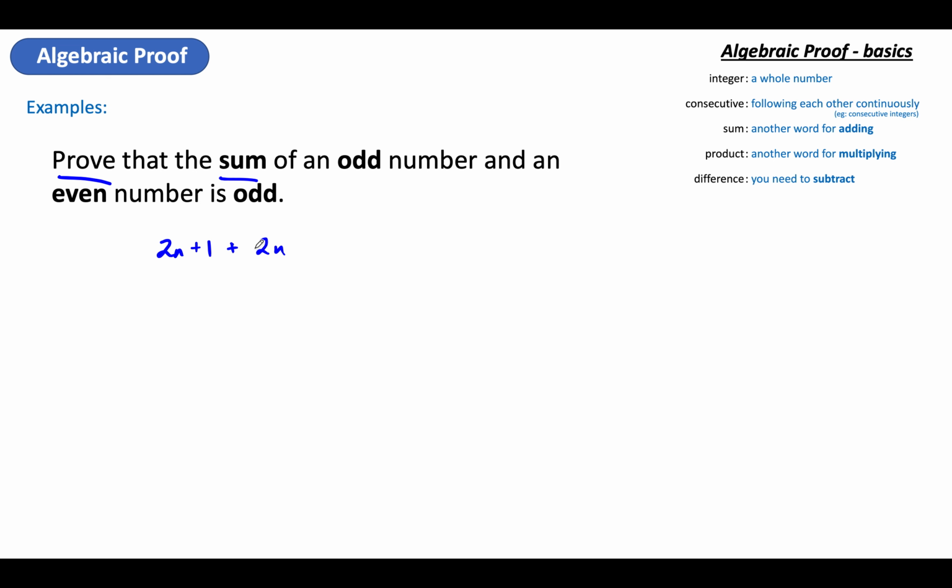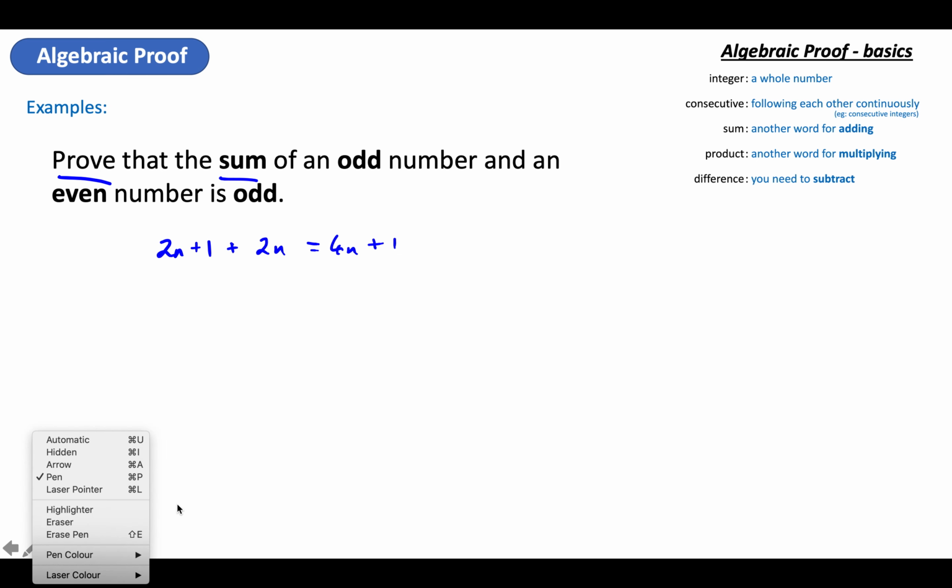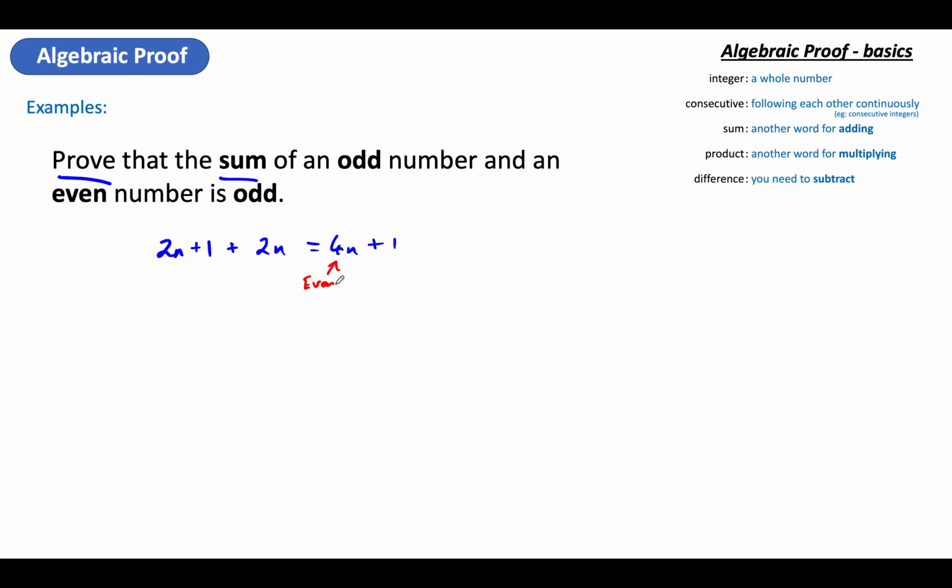2n plus 1 plus 2n. Well, what do we get when we do that? 2n plus 2n makes 4n, and the 1 is, well, there's nothing to add to that, so I just put the 1. Right, what do we notice about this? What did the question ask us to do? It asked us to show that this was an odd number. Well, this bit here is even, and I can show you it's even, because actually, if I divide that by 2, like essentially, let's factorize it.